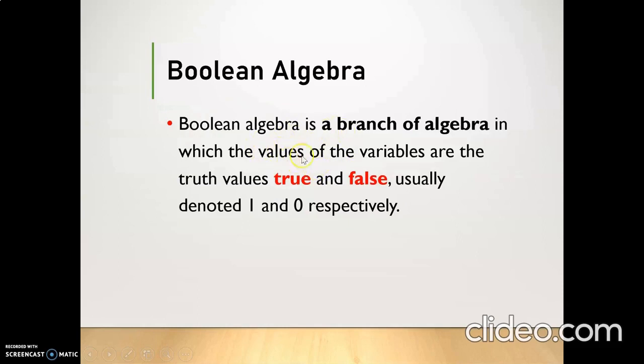But the difference is the values in Boolean algebra can be only true or false, or we write it as 1 and 0. 1 for true, 0 for false.